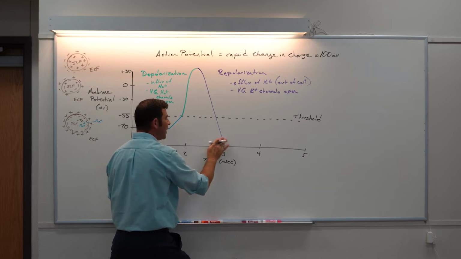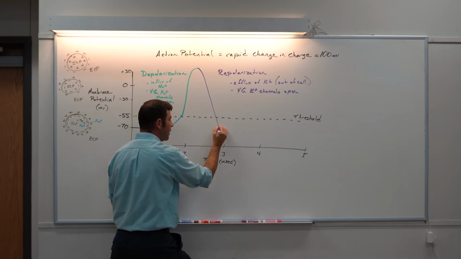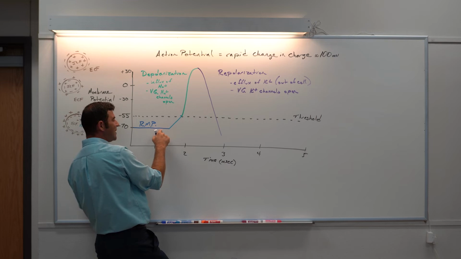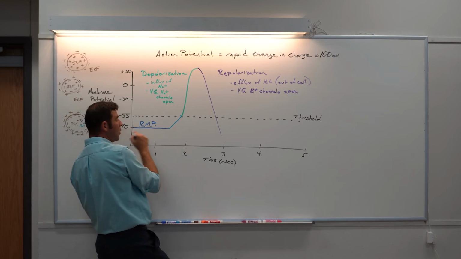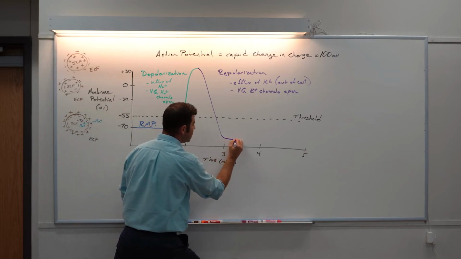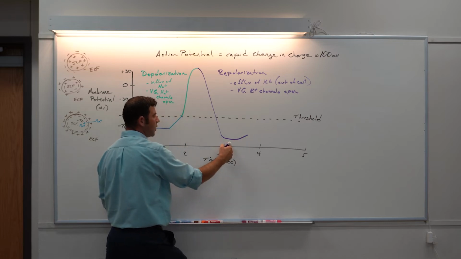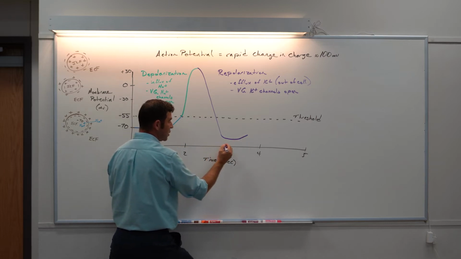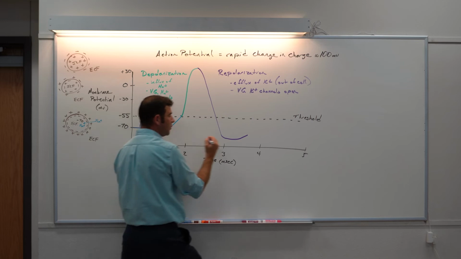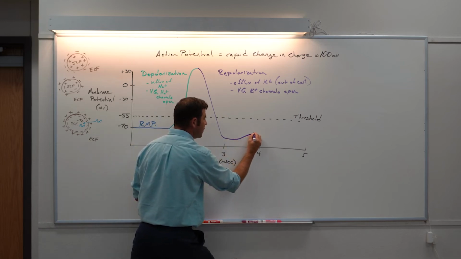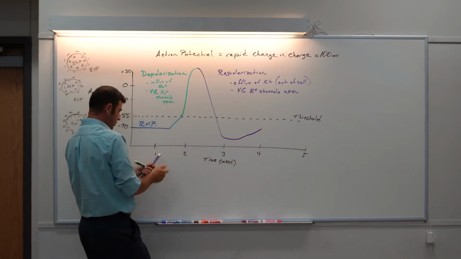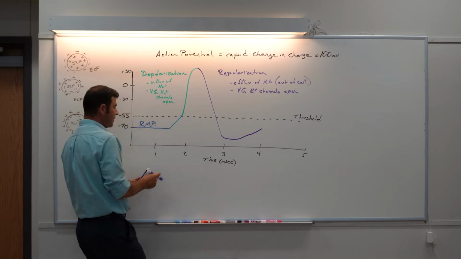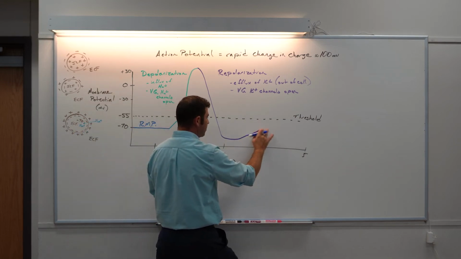So as we go all the way down during this repolarization, we're going to see for a short period of time, these neurons are going to drop below resting membrane potential into a part of the graph that we're going to label as hyperpolarization, below negative 70 millivolts, and then it's going to slowly drift back up to negative 70 millivolts, our normal resting membrane potential.